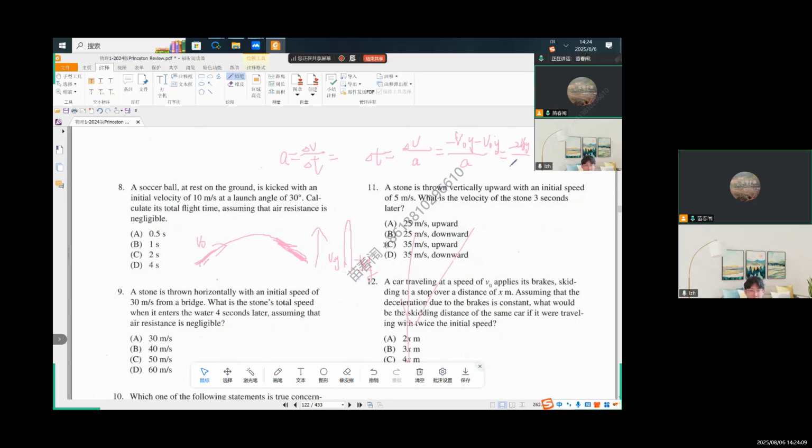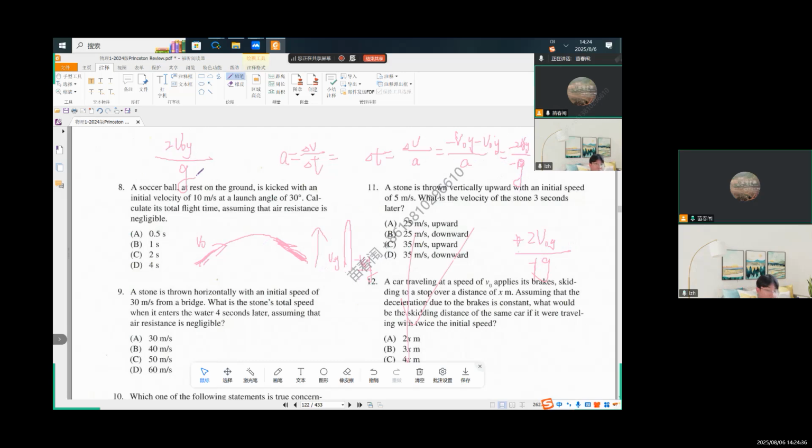So it's always negative g. Does that make sense? So the formula is negative 2 v0y over negative g, and the negatives cancel. So basically it's 2v0y over g, right?